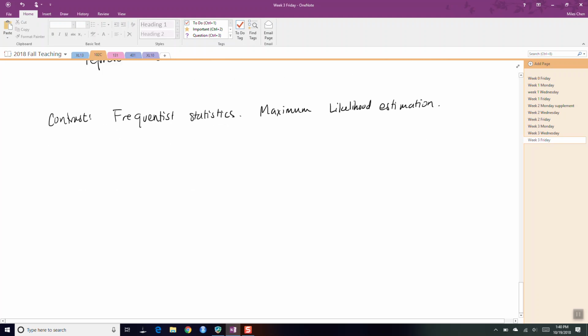Let's say we have a coin, and we want to know what is the probability that the coin will land heads.